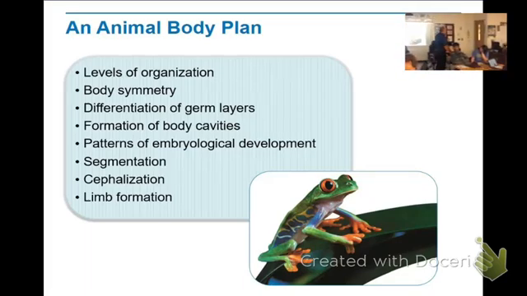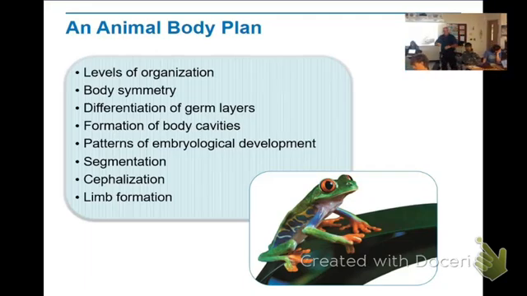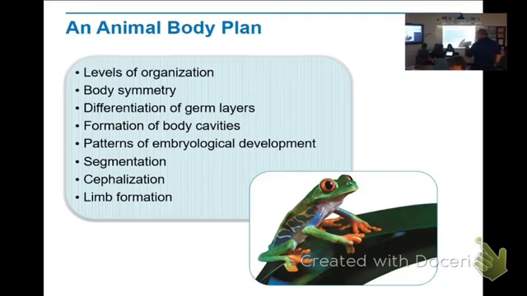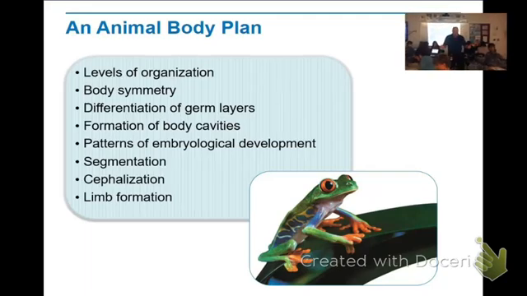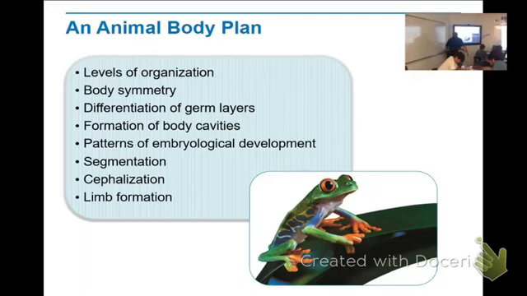If we look at an animal and we put a plane through it, and then we put a plane in another direction, and another direction, and another direction, and that animal always looks the same on each side, no matter how we cut it, that's going to be another type of symmetry we'll look at in a second. And then the third one is if we put a plane right down the middle, each side looks the same. But any other way we slice it, it doesn't. Okay? So let's talk about those symmetries in a minute and kind of look at how they work.